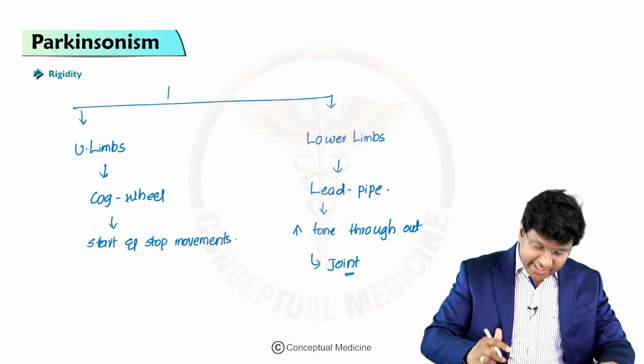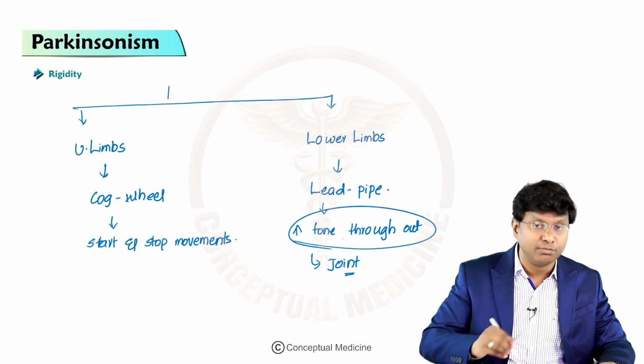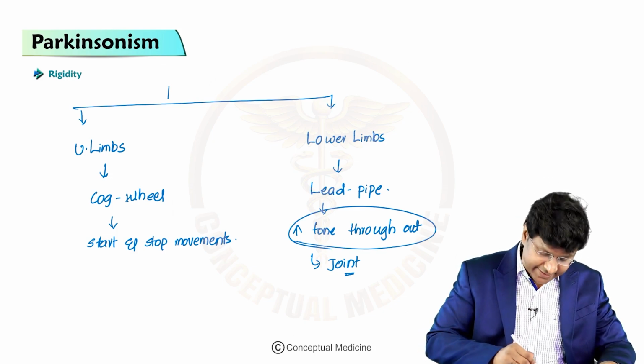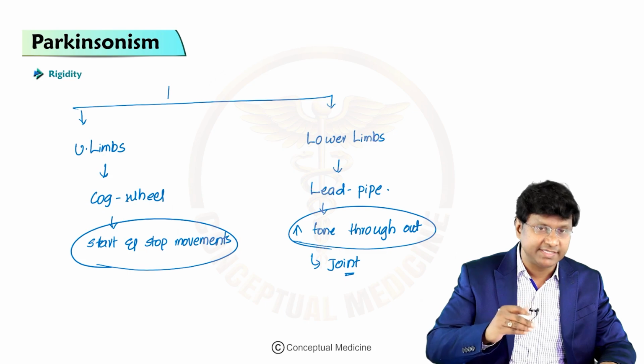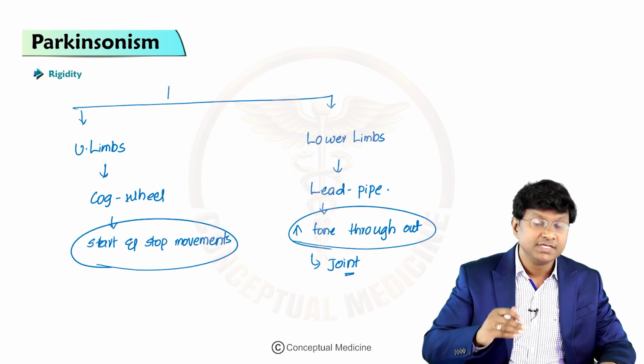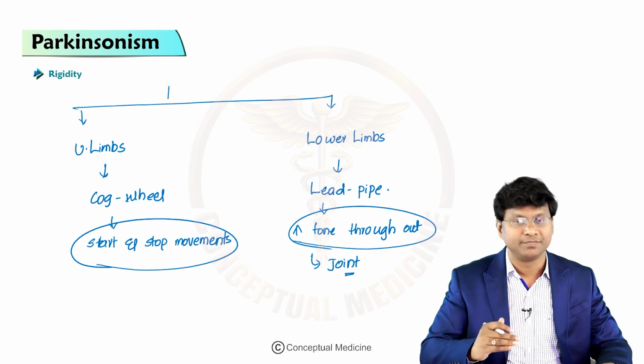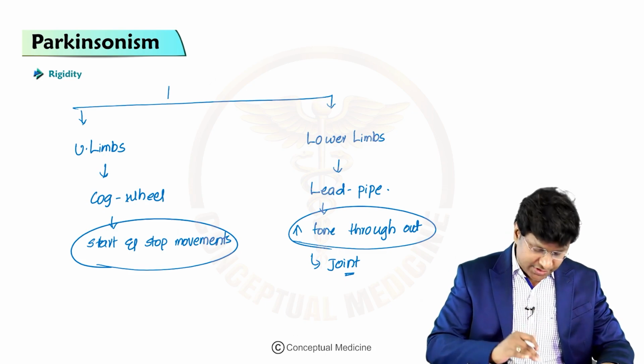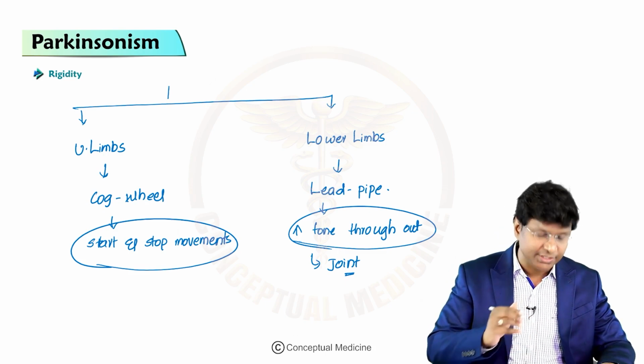So it is not a continuous resistance throughout the movement of the joint like in lead pipe. You will have the start of the resistance and then stop. Start and stop, start and stop. So the resistance will not be continuous in cogwheel rigidity, which you will see in the upper limbs.